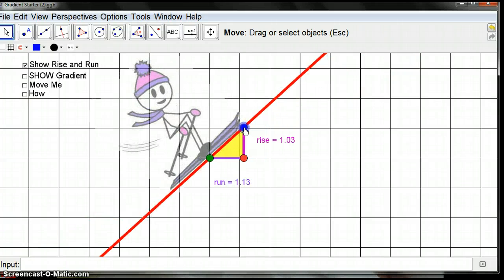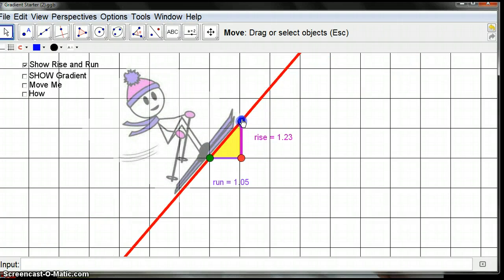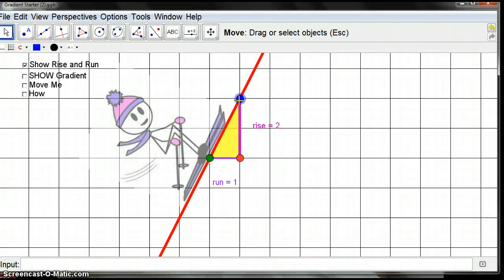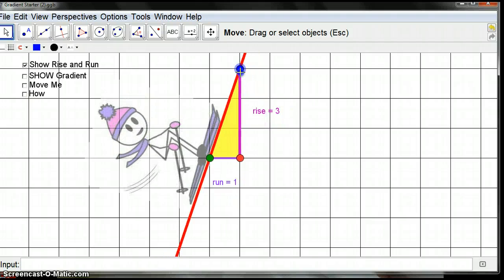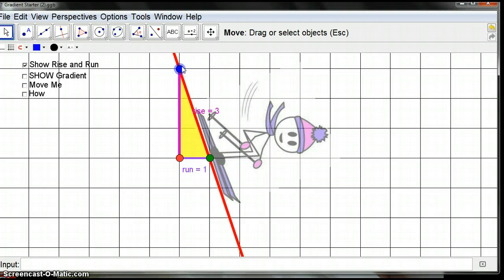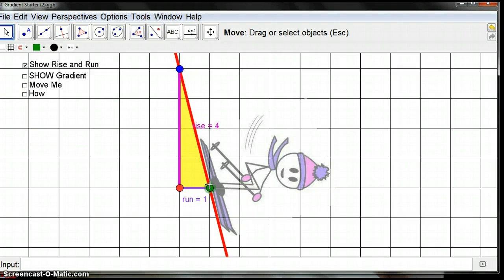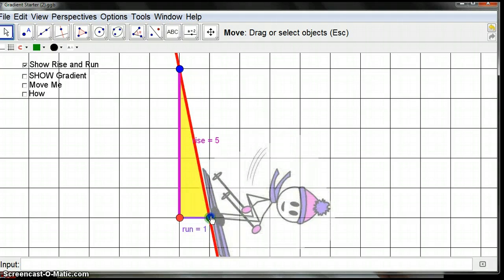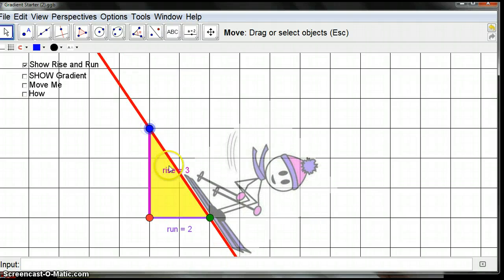A half? 1, 2, 3. What's that? -3? -5. How about that? Negative.